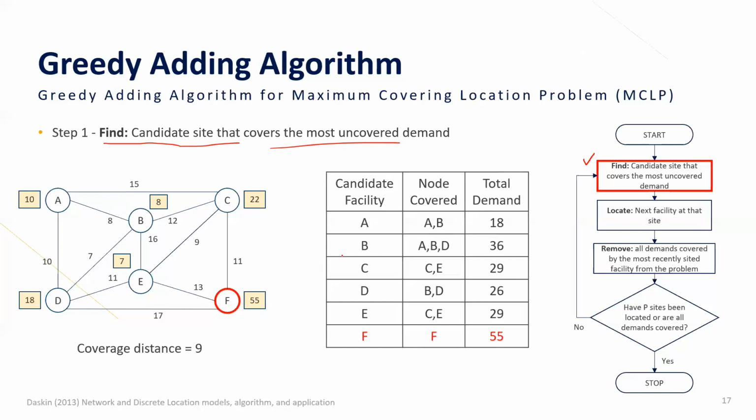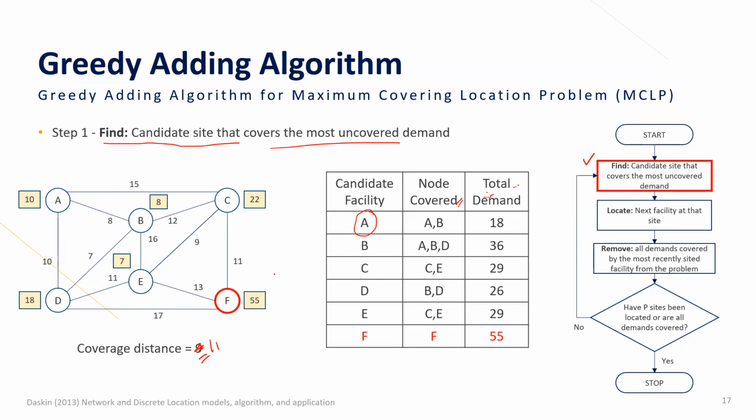For the first iteration, none is selected yet. And then you need to check, if you open the facility at A, which ones will A cover? It's 9. For A, you check what connections A has: A to B, A to C, A to D. But wait, A to B, so it's 11 actually.